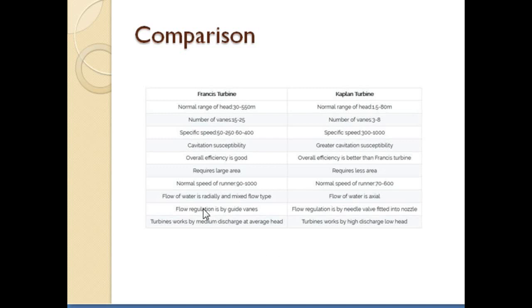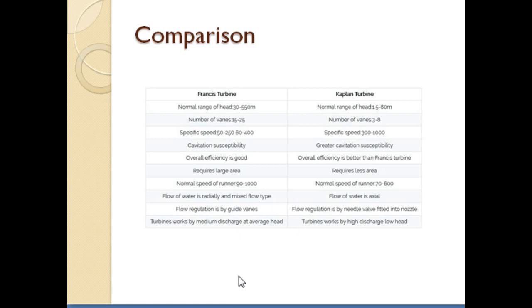The next difference: flow regulation in the Francis turbine can be done with the help of guide vanes, but in the Kaplan turbine flow regulation is by a needle valve fitted onto a nozzle over the top. Francis turbines work with medium discharge at average head.